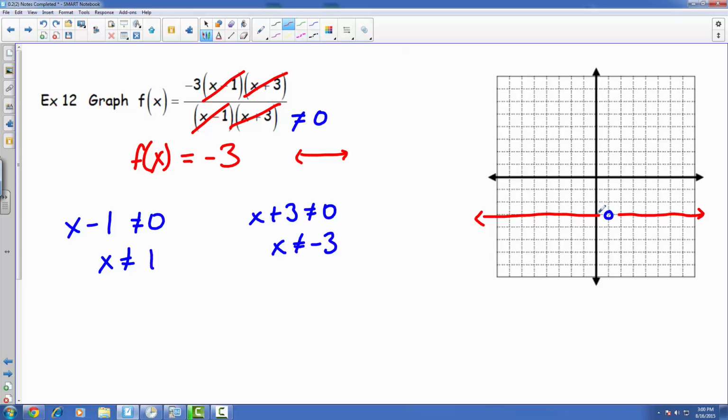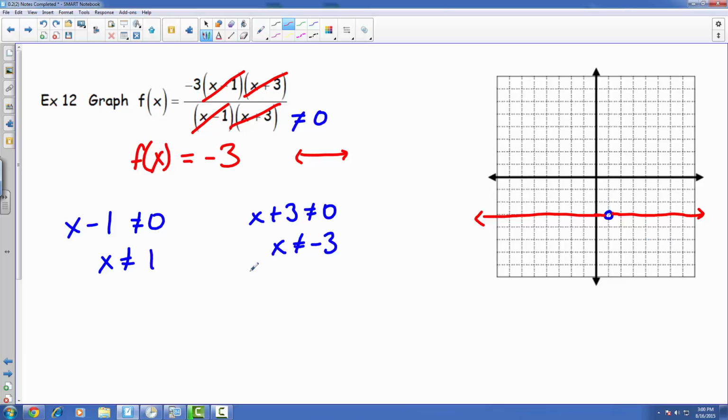And our function is actually still also connected to it. So that is what you should actually end up seeing. Notice it's still part of that function, even though there's no x value to really plug into that function. We're still allowing that smooth y is equal to -3 line.